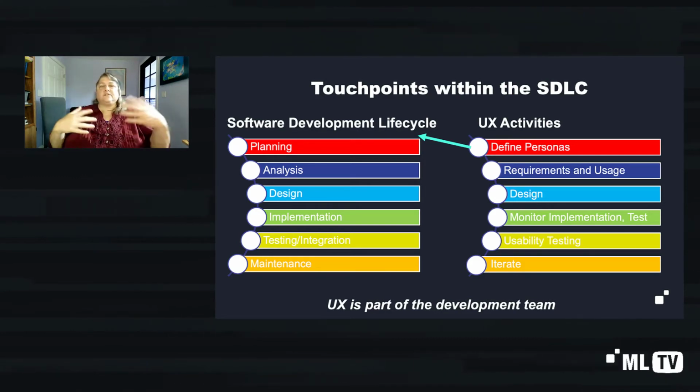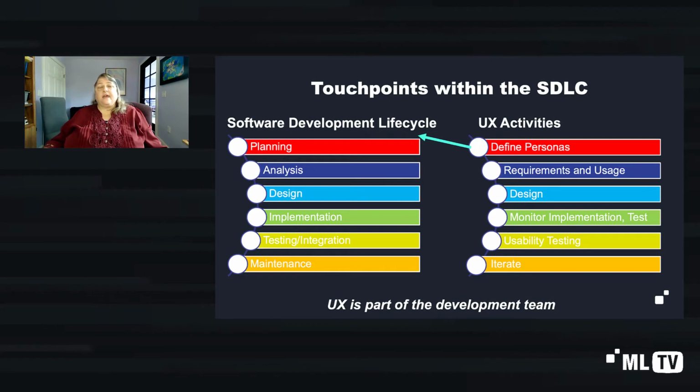Someone says, let's build a whatever. The next question should be, who's the user? And tell me about the user and what's important to them. And before you do the analysis that leads to your software design, figure out what that user needs and how they're going to use the product. And then do your analysis for your design.